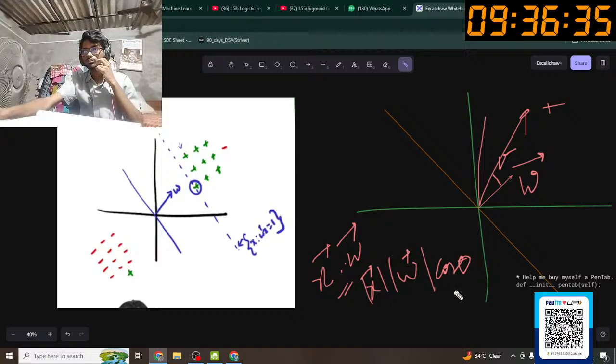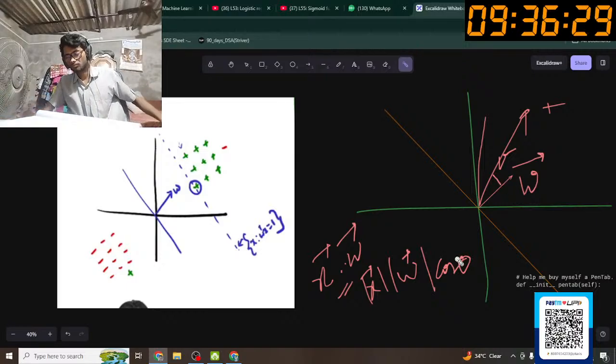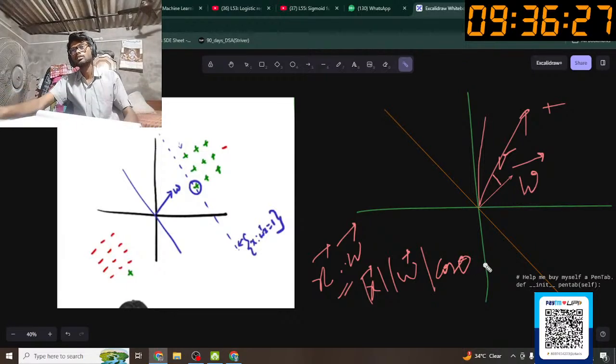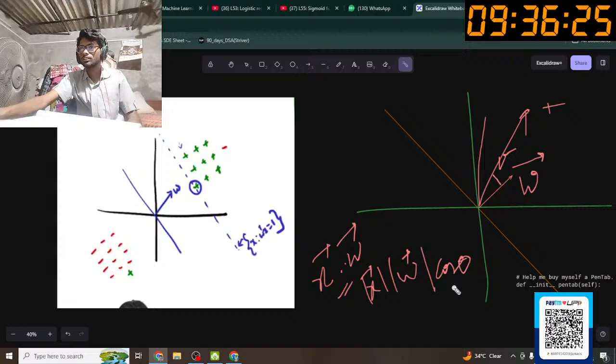The only thing which could contribute to the sign is cos theta. So the cos theta will determine the sign. In this region, this subspace, we could say that this is a half subspace, because the whole region is divided into two equal halves.